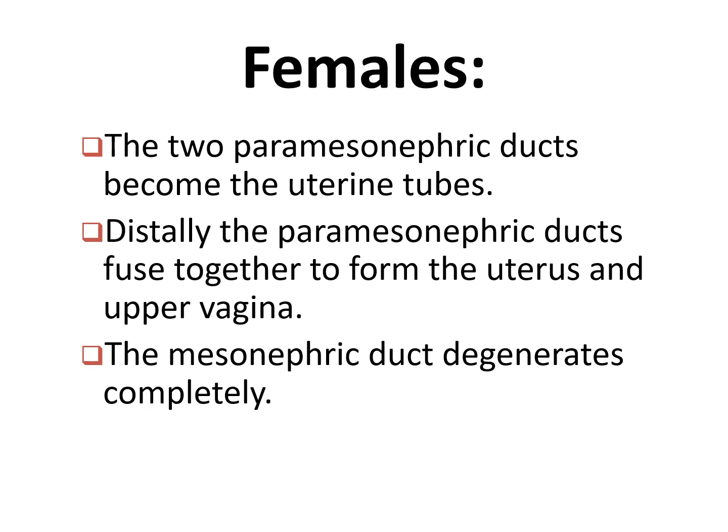Okay, so if we have two paramesonephric ducts like this, the distal part of them will fuse, and this fused part here will form let us say the uterus and the upper part of the vagina, and definitely the cervix.